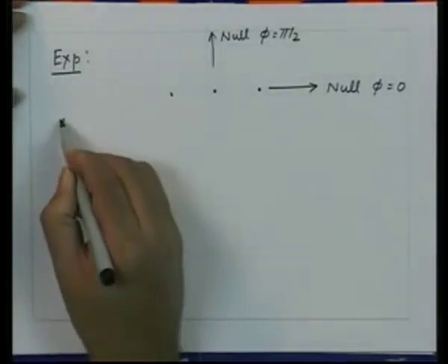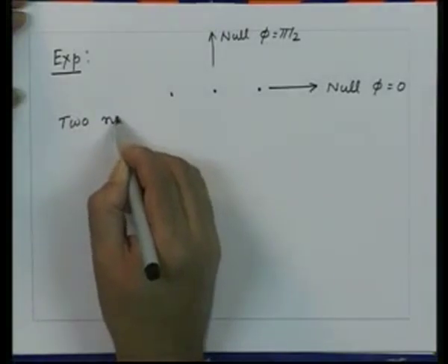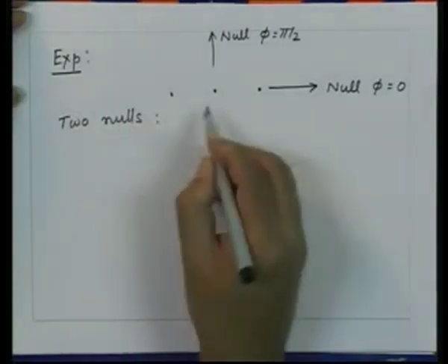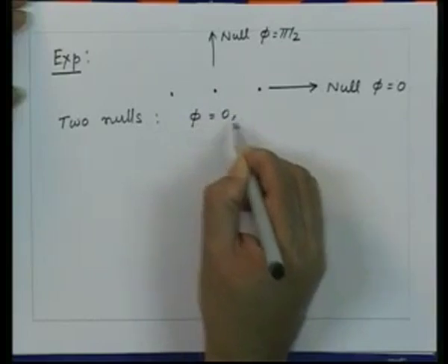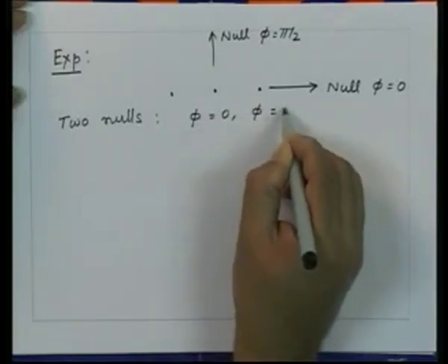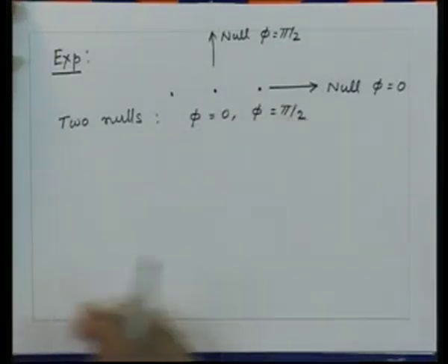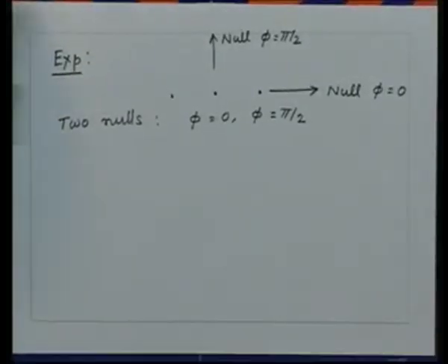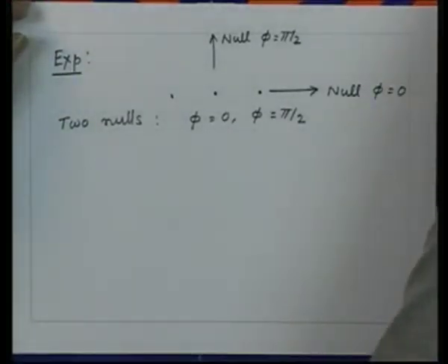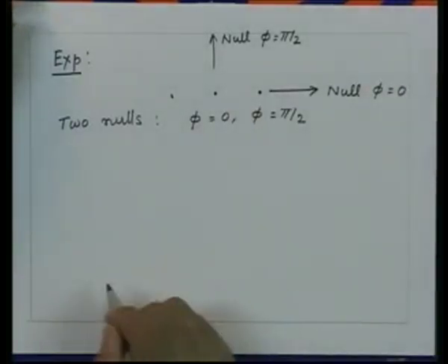So, we have two nulls in the radiation pattern, at phi equal to 0 and at phi equal to pi by 2. Now, taking the inter-element spacing d equal to lambda by 2.